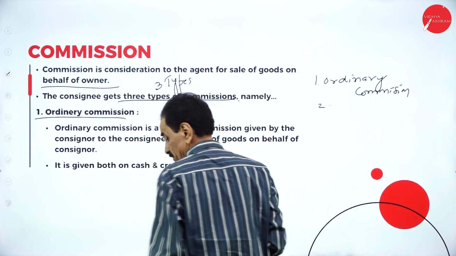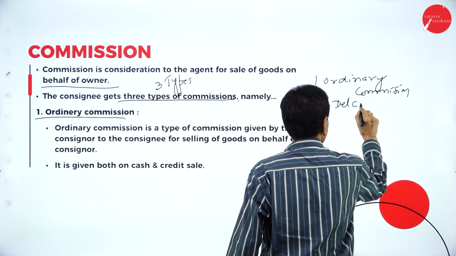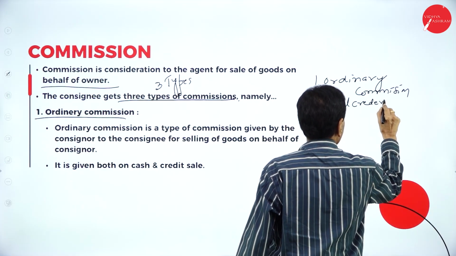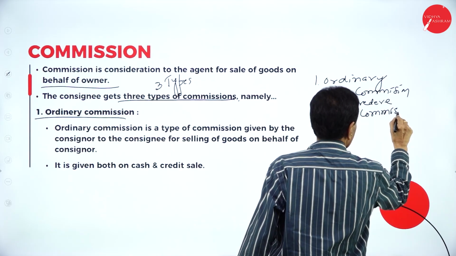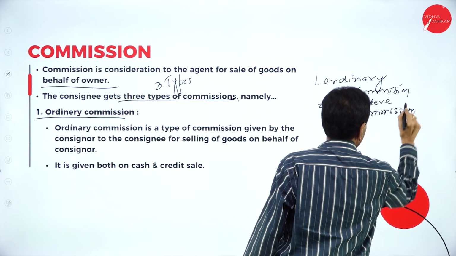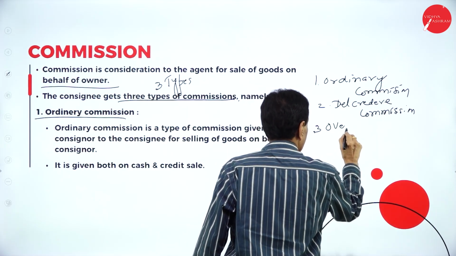Number two, bill credit commission. Number three, overriding commission.